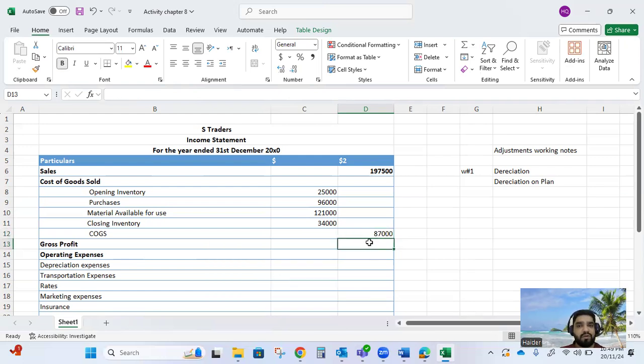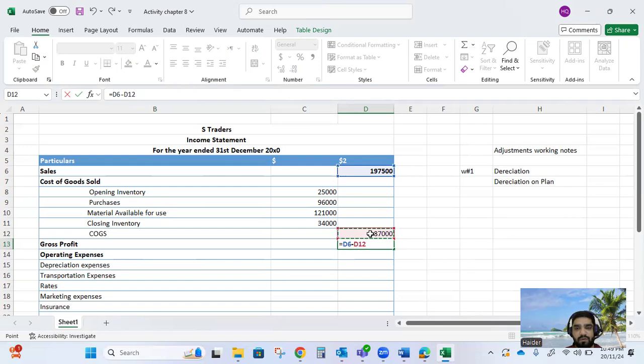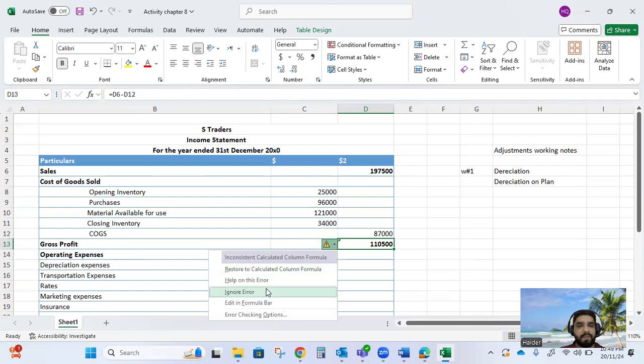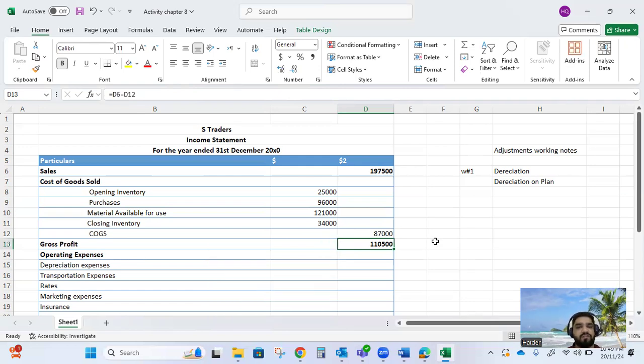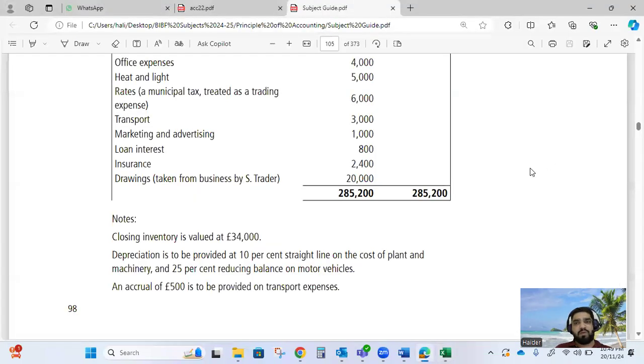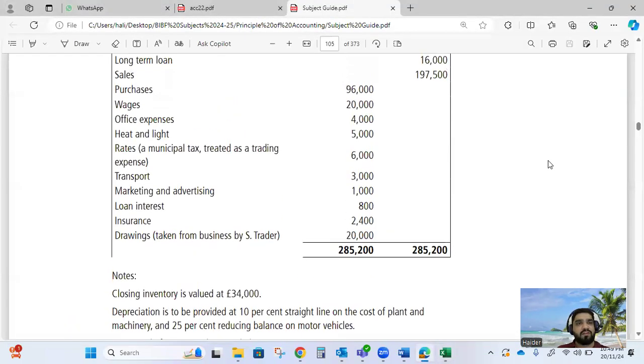How to calculate the gross profit? It is equal to the sales revenue minus cost of goods sold, so this is 110,500. Very easy. We are just dealing with the placement of these values because their identification is already done in the first half of the question. Now let's place the operating expenses one by one.